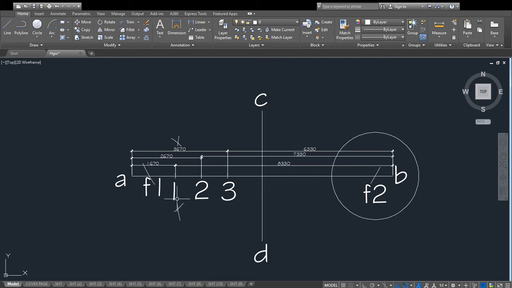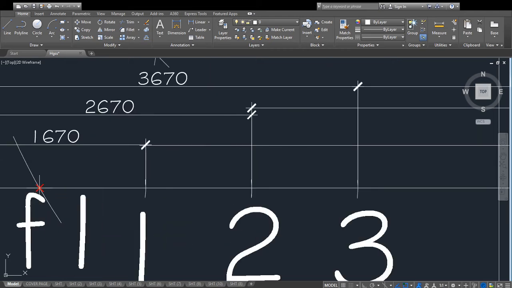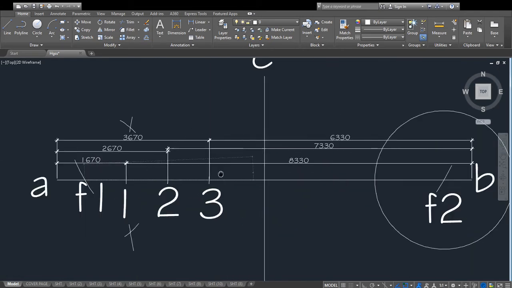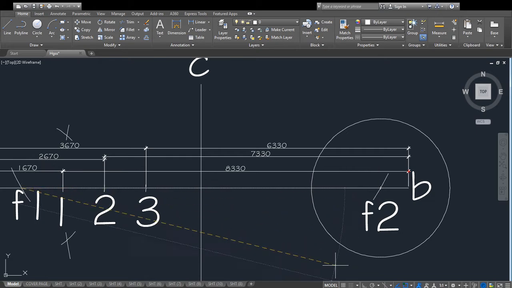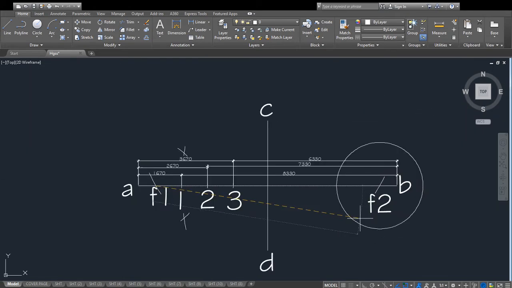Okay, we have this and this. We have this and this. Now with the same radius, we come to F1 here, and we make an arc with the radius of B1, which is 8330.